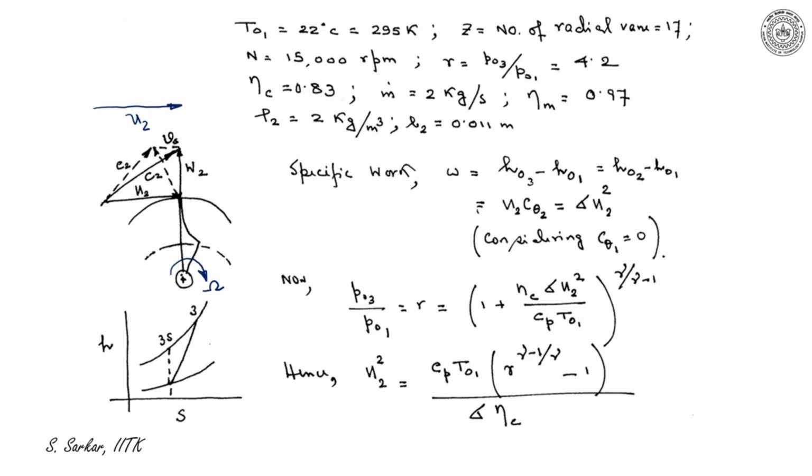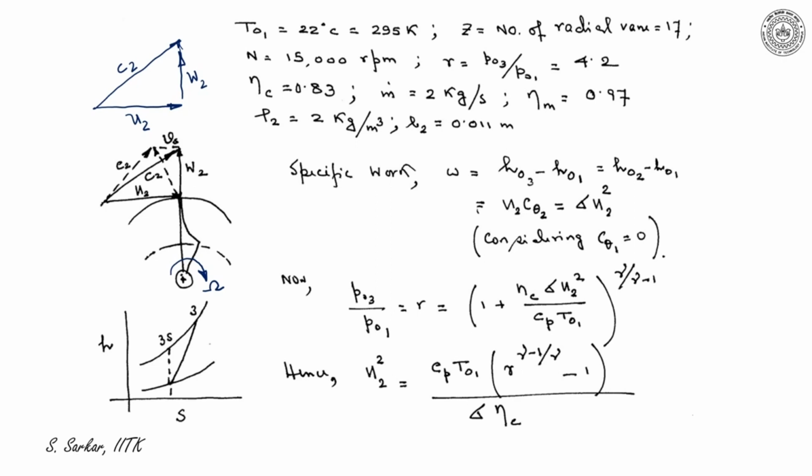Without slip, the W2 will be in the radial plane. So I have drawn W2. So U2 plus W2 would be equal to C2. So this will be the C2. So this is the velocity triangle without slip.